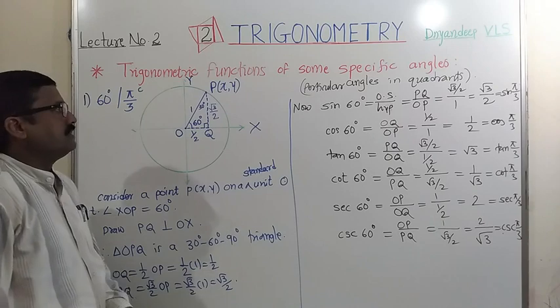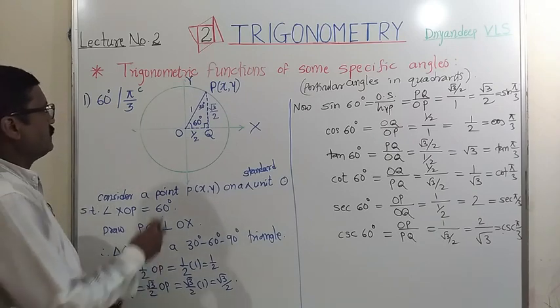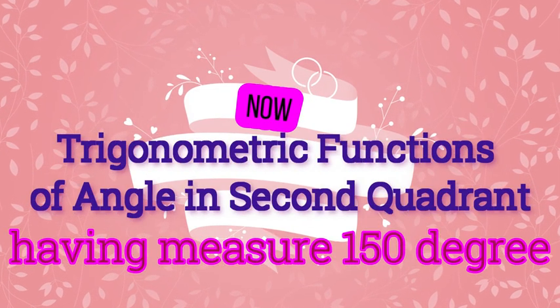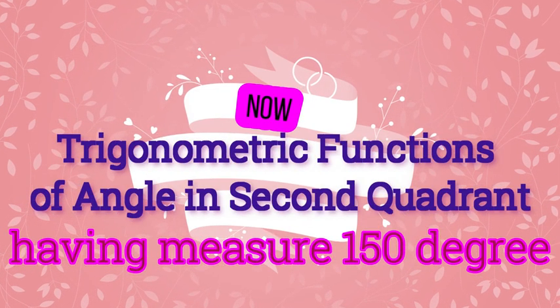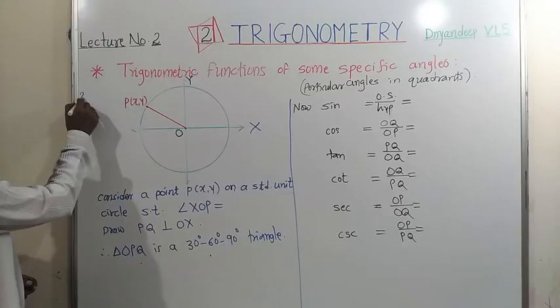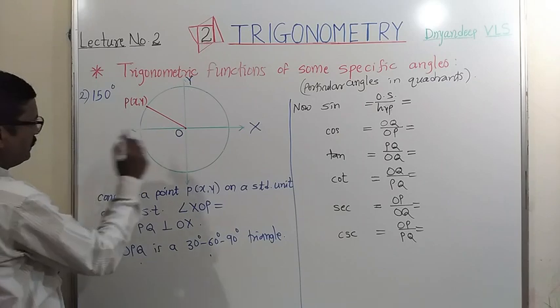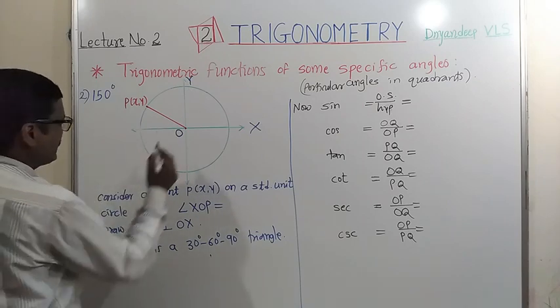Okay. Now see the second example of an angle in the second quadrant. Let us take 150 degree.